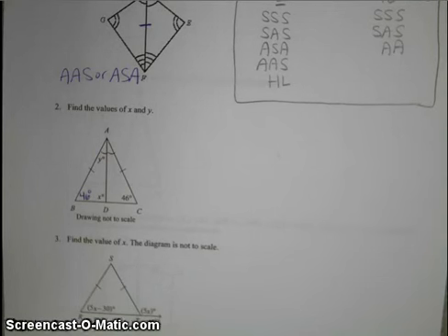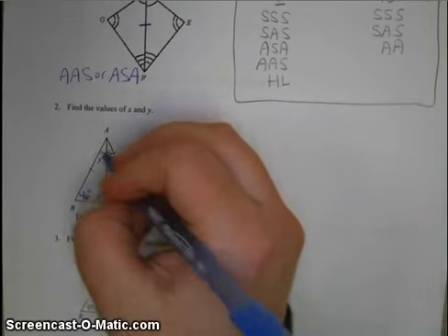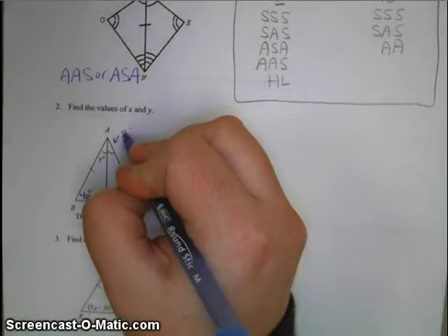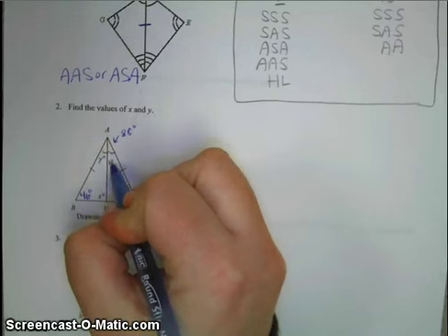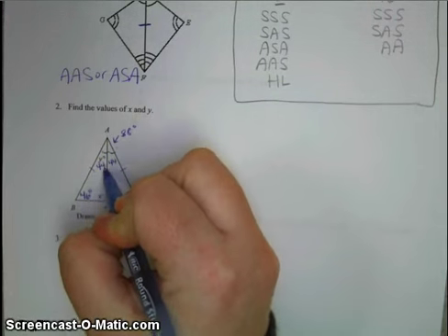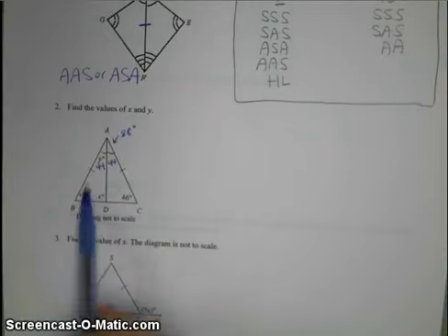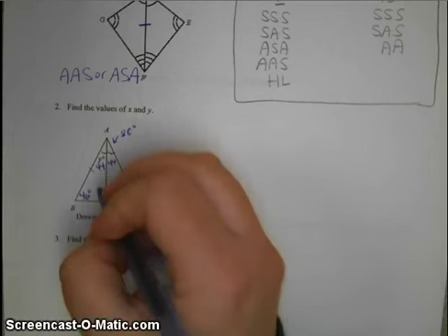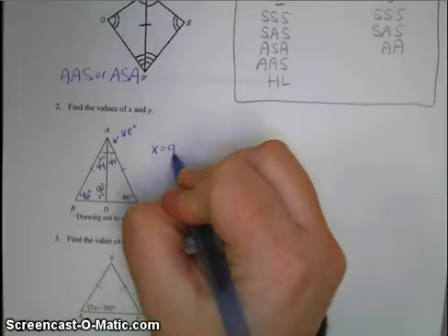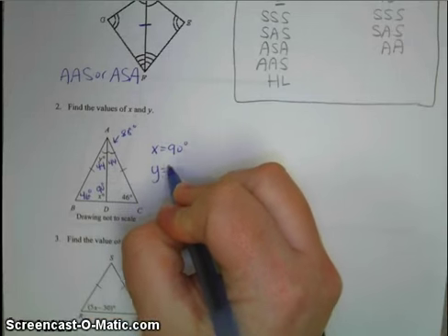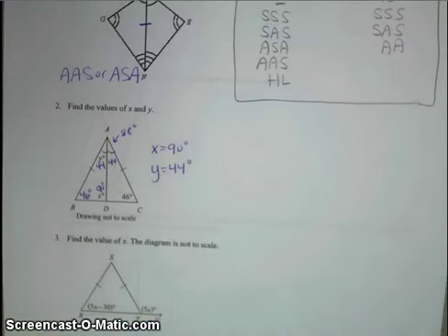So if I subtract 46 twice from 180, I'm left with 88 degrees. So that means that each of these, because they're bisected, is going to be 44 apiece. And obviously, last but not least, 44 and 46 gives me 90, so I also know that x is 90. So x is 90 degrees, y is 44 degrees.